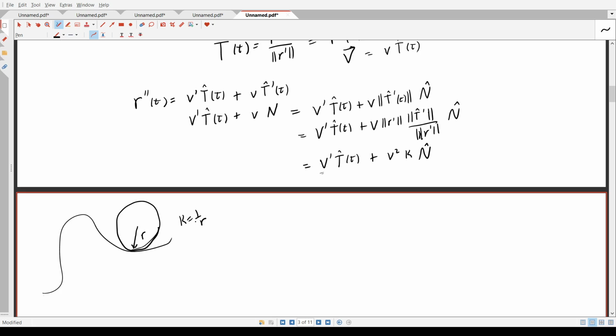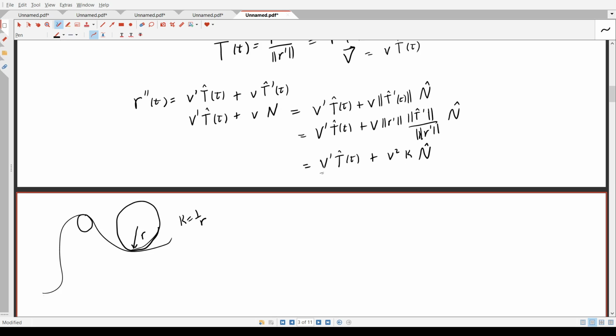So we can think of the curvature as 1 over the radius of whatever circle we're traveling on at the moment, right? It's going to change. Over here, I would have a much smaller circle than I do over here. But notice what that gives us here.